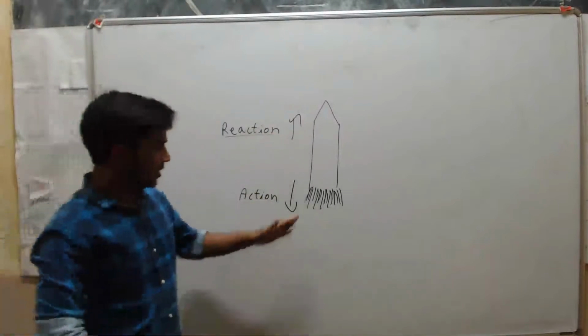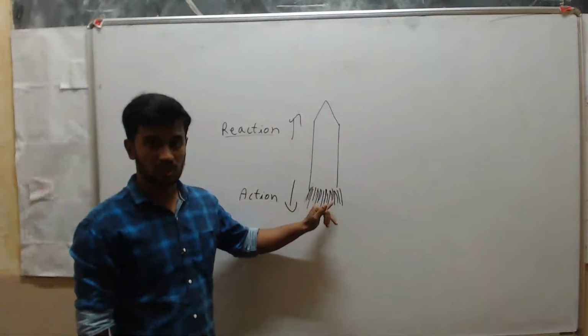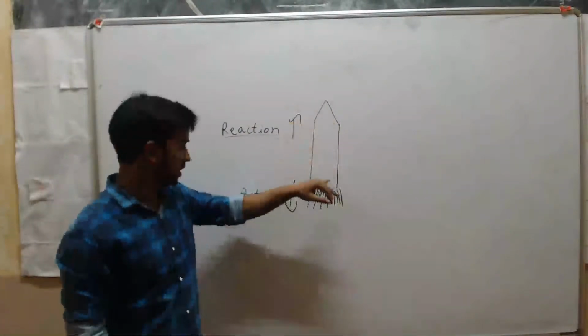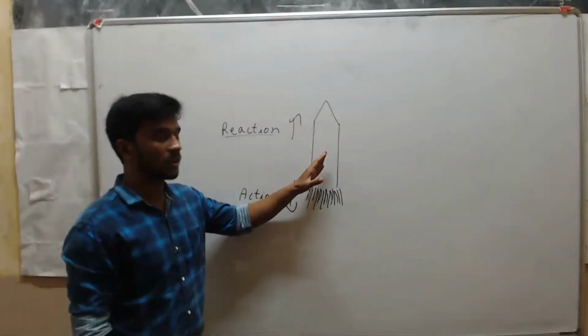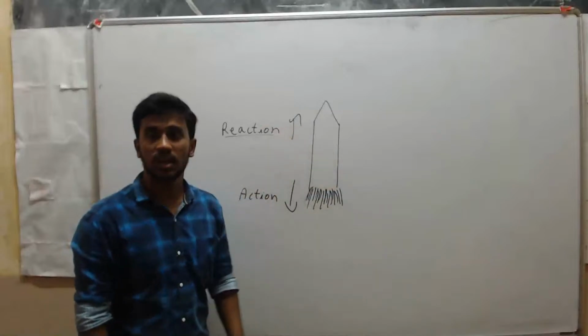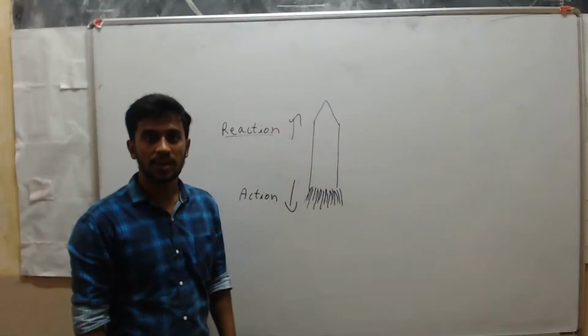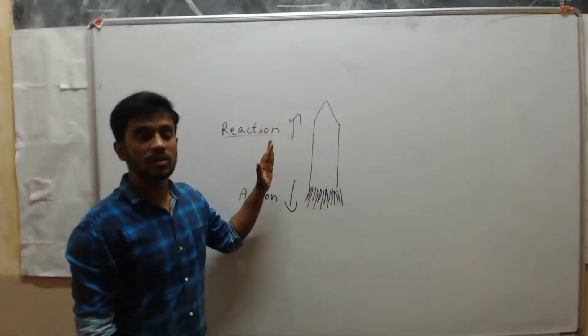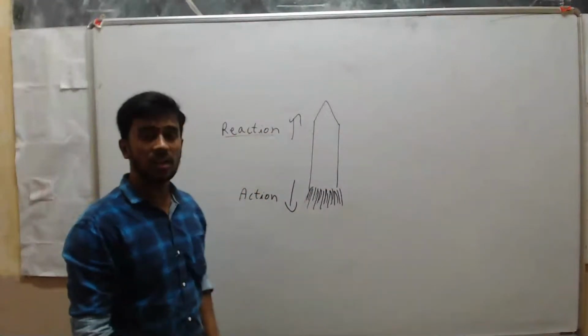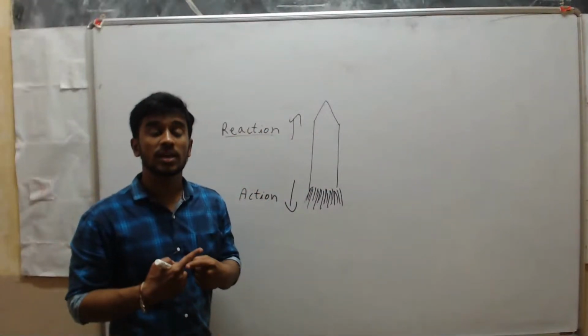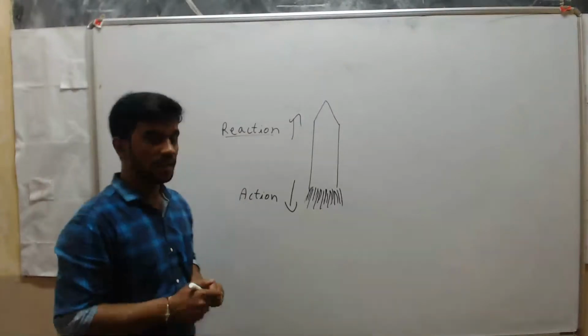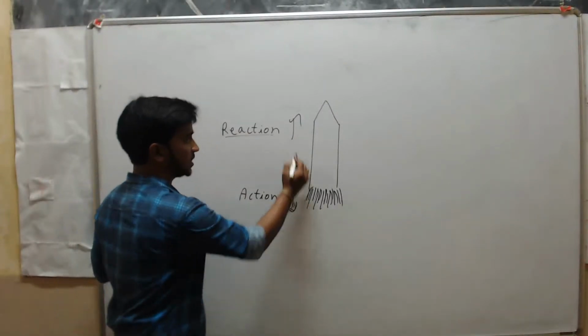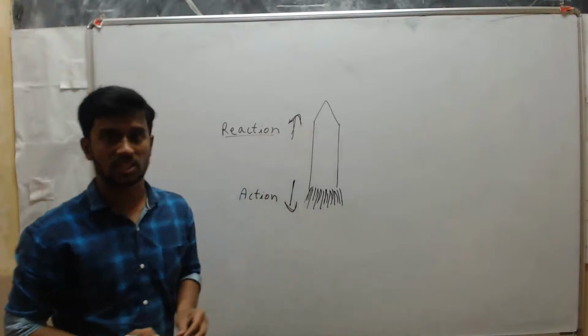So the gas coming outside with a huge amount of force is the action, and the rocket moving upwards is the reaction. Both action and reaction are equal, but in opposite directions. This action is in this direction, then the reaction is in this direction.